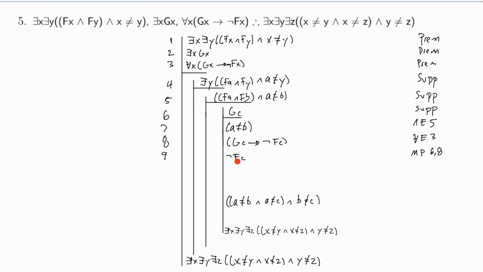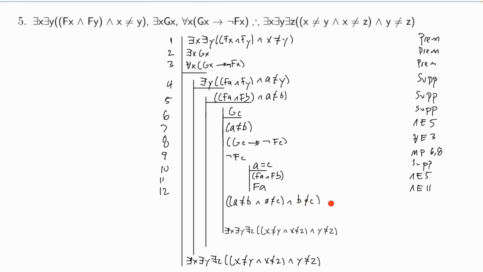And now that we have not FC, that combined with FA and FB is going to get us both of these inequalities. A isn't C and B isn't C, because if we suppose that A is C, for example, we're going to get a contradiction. So if I say, suppose that A is C, I can get FA and FB from line 5, which then gets me FA.